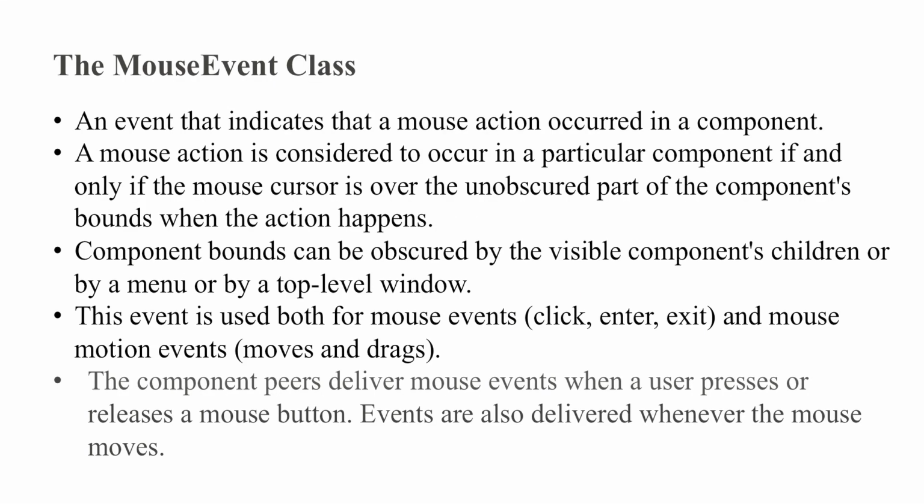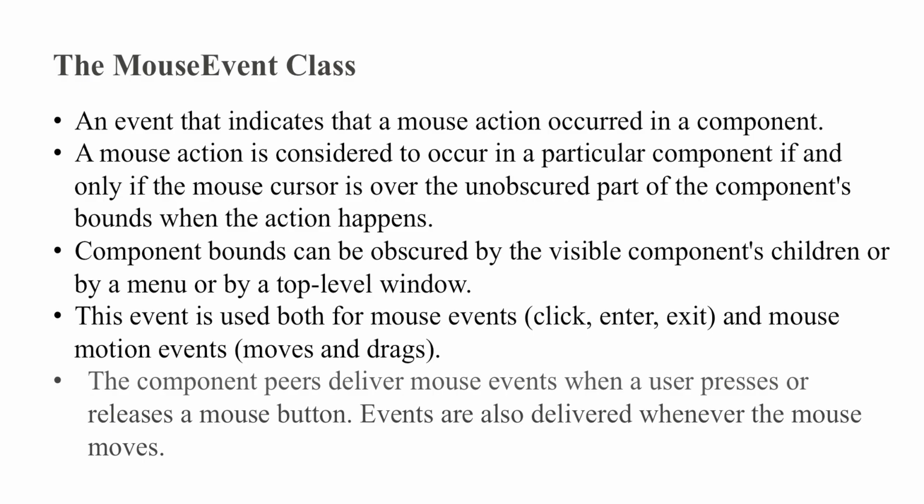Then the next class is the mouse event class. This event occurs when a mouse action happens in a component, and it is considered to occur in a particular component if and only if the mouse cursor is over the unobscured part of the component bounds when the action happens.